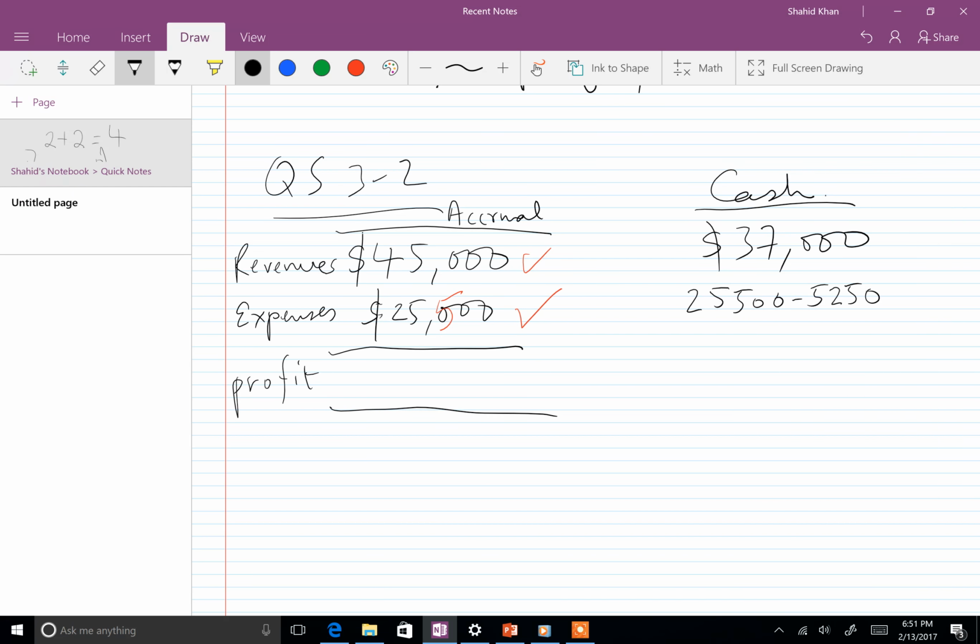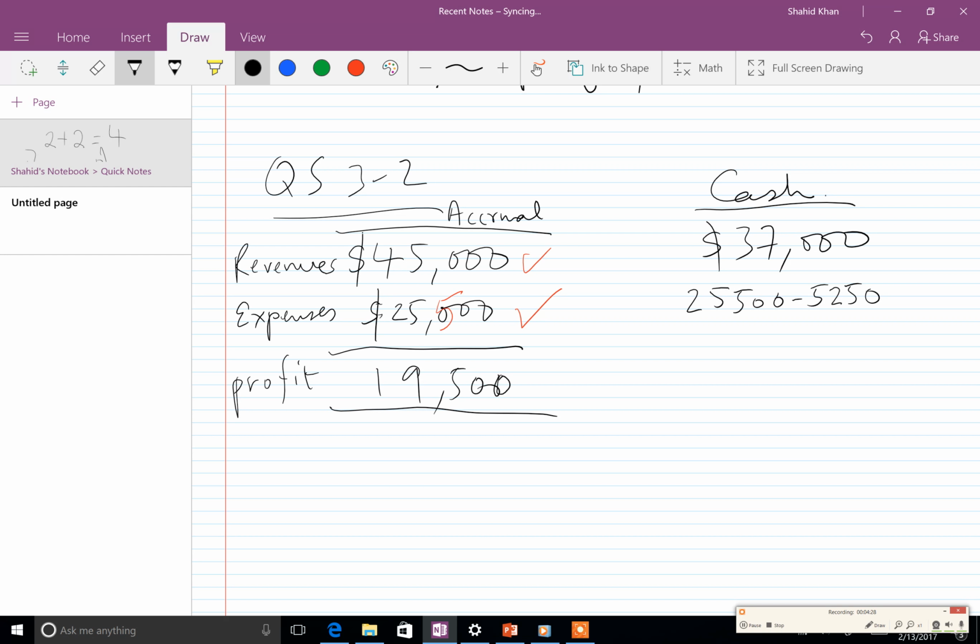I just showed you in the previous YouTube upload that I made that the expenses have to be matched with the revenues, right? With its related revenue. So here it says it's 25,500. So the net income should be, if I am not mistaken, let's say I calculate, 19,500, right?